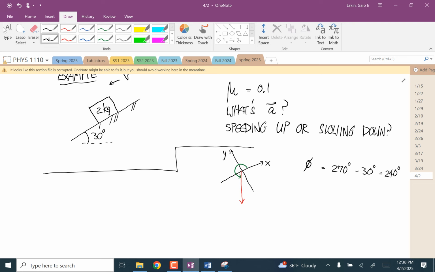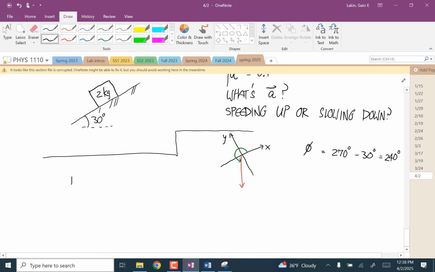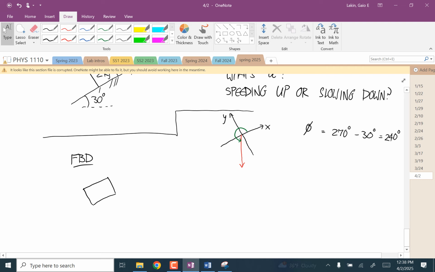Okay, so now the free body diagram. There's a weight force down that's equal to 2 times 9.81, so 19.62. There's a pushing force from the surface.